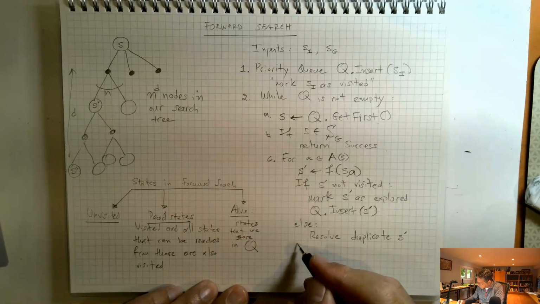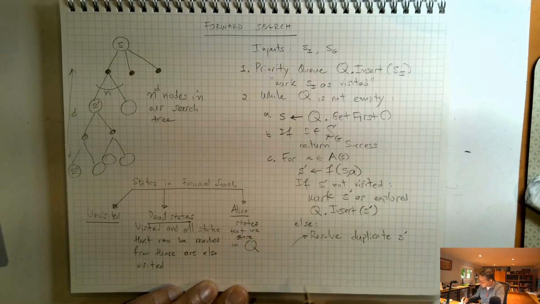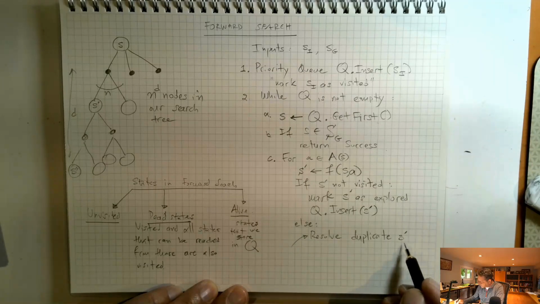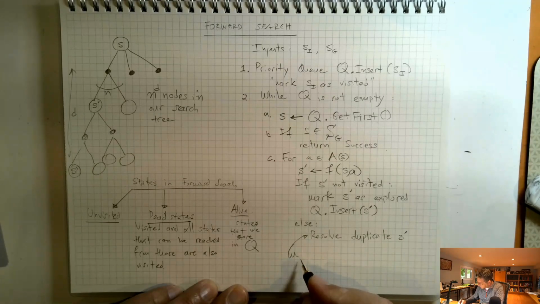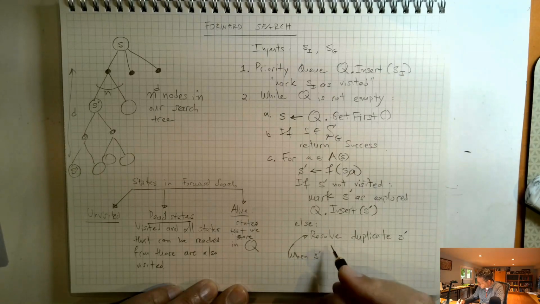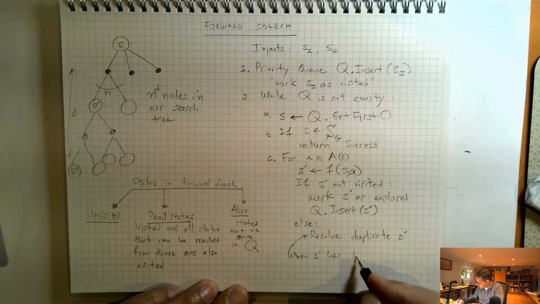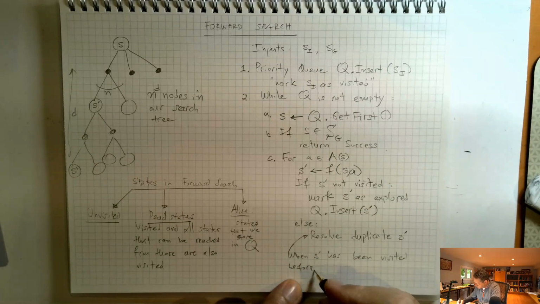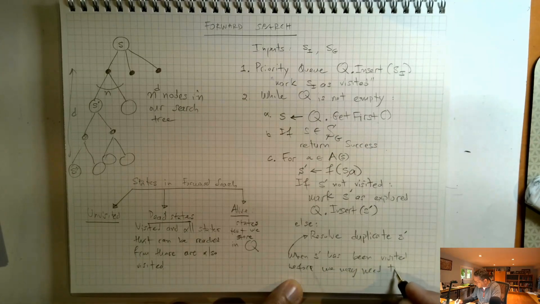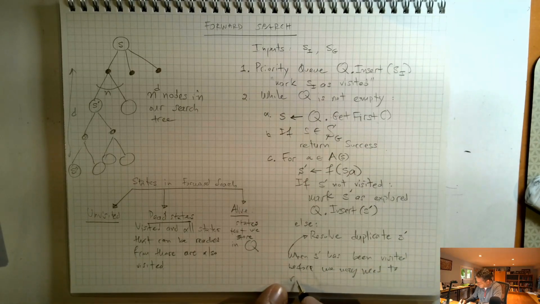But I think I forgot to mention something about this line here. This resolve duplicate S prime means that when S prime has been visited before, we may need to resolve.